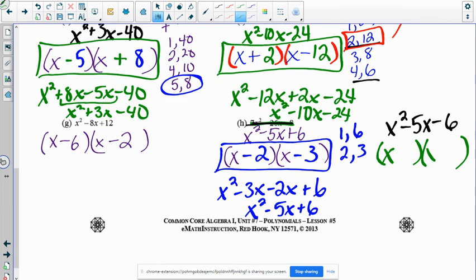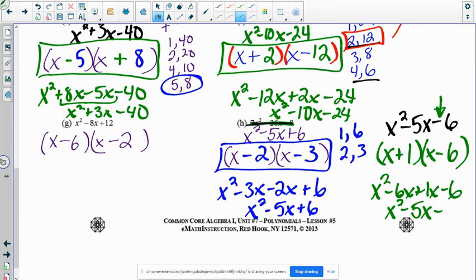I need an x and an x, a plus and a minus to get that minus 6. All right? So instead of using 2 and 3 for this problem, I'm going to use 1 and 6 so that I can combine to get that -5 in the middle.